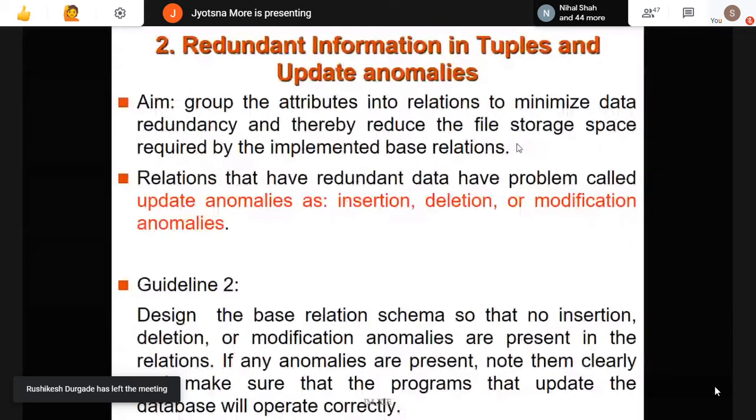If any anomalies are still present after all this, note them clearly and make sure that the programs that update the database will operate correctly. While writing the query, see to it that it will not affect your result if you know that anomalies are present. But as far as possible, remove those anomalies before starting the query.